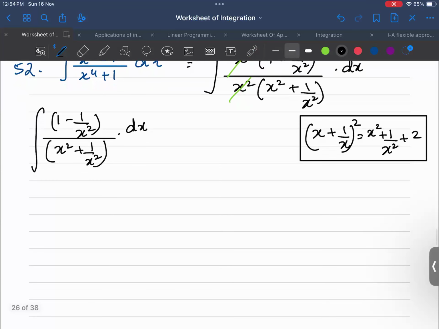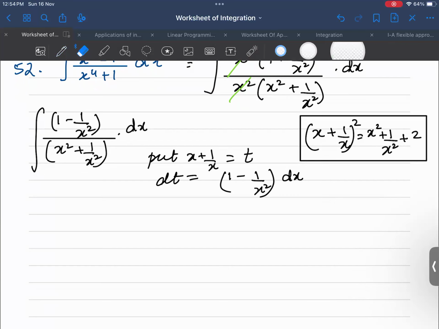Now suppose I say put x plus 1 upon x equals t. Then dt would be 1 minus 1 upon x square dx. I think we can calculate the differential.